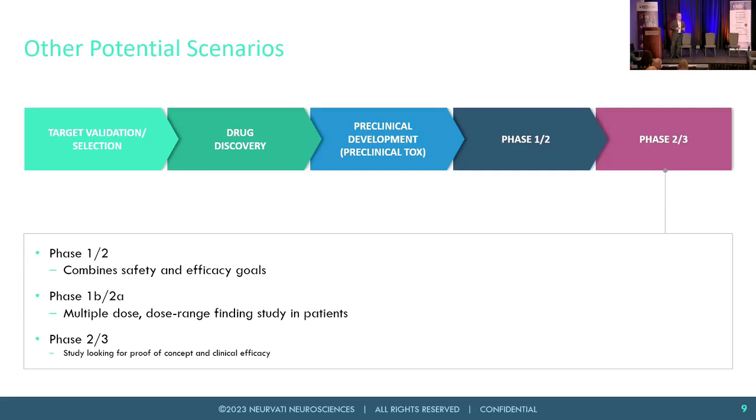That whole program was geared towards rare diseases where you need to use innovative trial design elements, like placebo minimization approaches, Bayesian probability assessments, all these new and innovative tools used to minimize the number of patients necessary to answer the question about efficacy and safety.